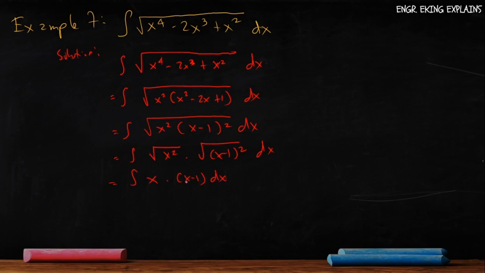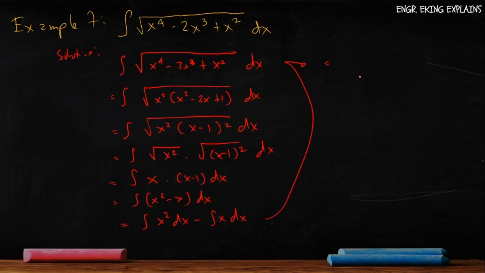Of course, we could have plus and minus here, but for simplicity of the solution, we just take the positive root for this one, and the positive root for this one. Okay, so distribute that one, so we have x squared minus x dx. So we have x squared dx minus x dx.